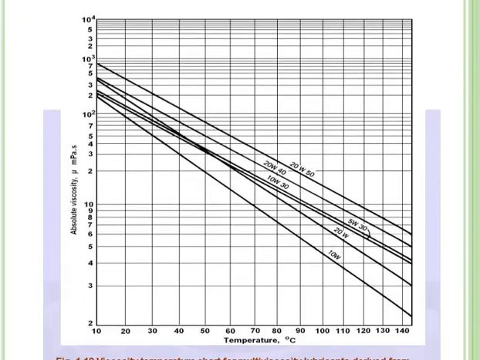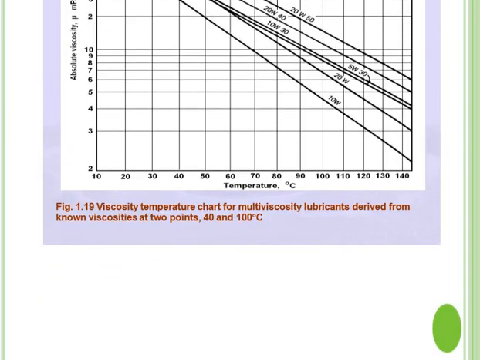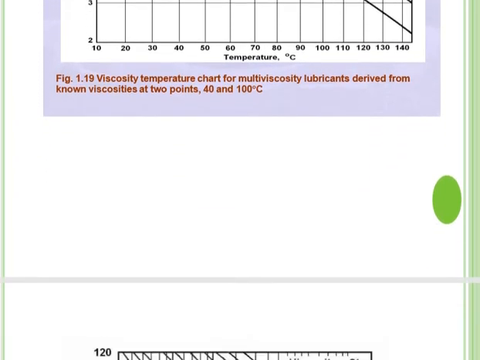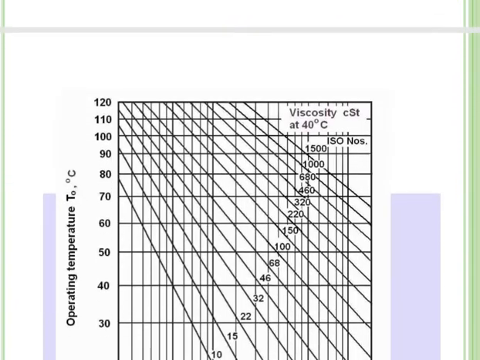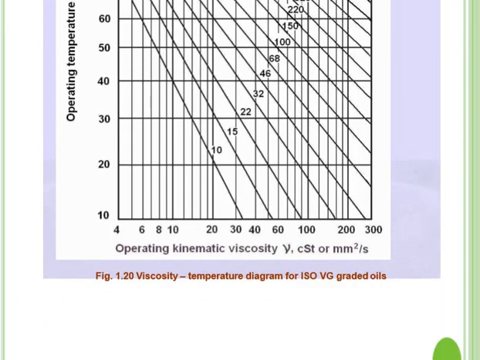And see this is also a viscosity temperature chart. Multi-viscosity lubrication means different lubricants are mixed, that is called multi-grade lubrication, from two points, 40 and 100 degrees centigrade. Another figure I am showing is operating kinematic viscosity versus operating temperature.